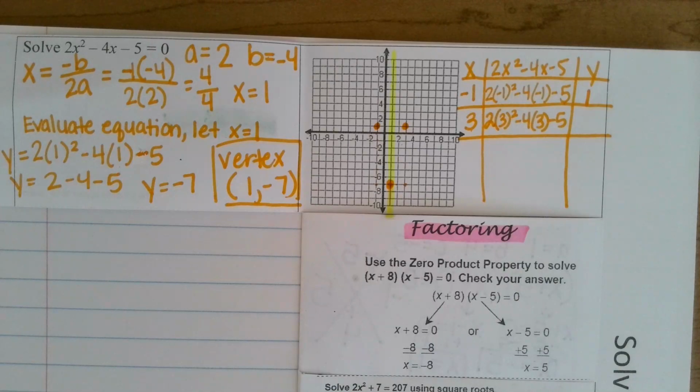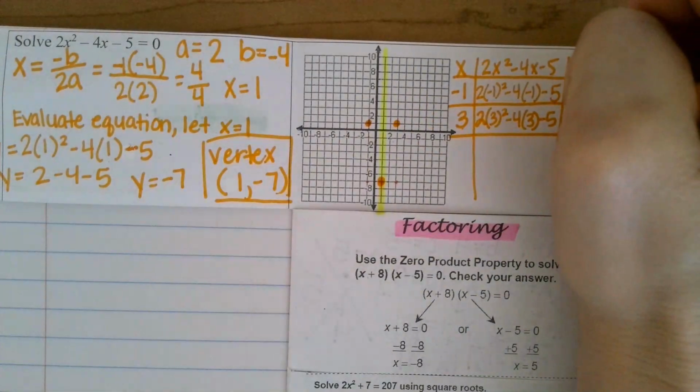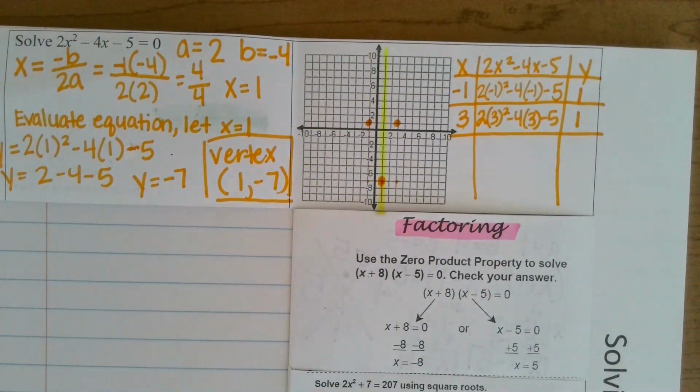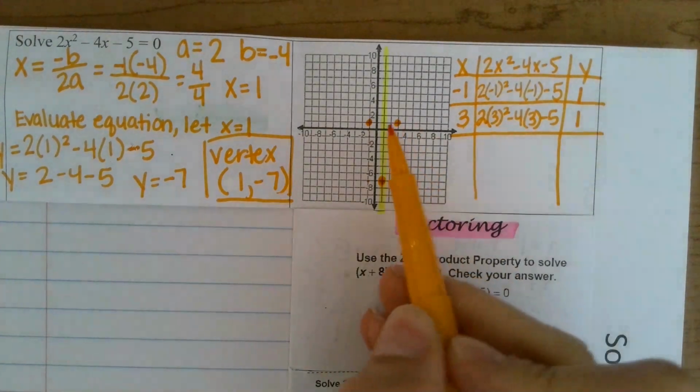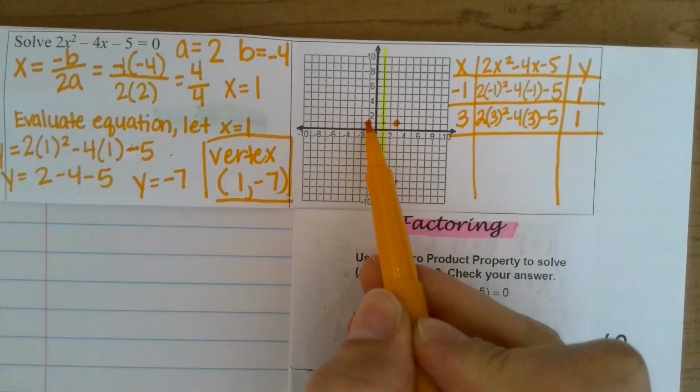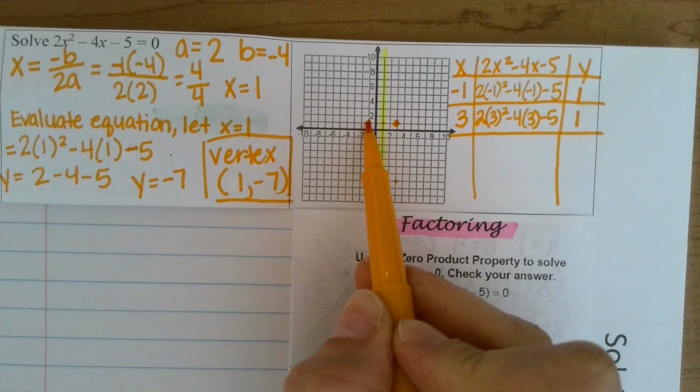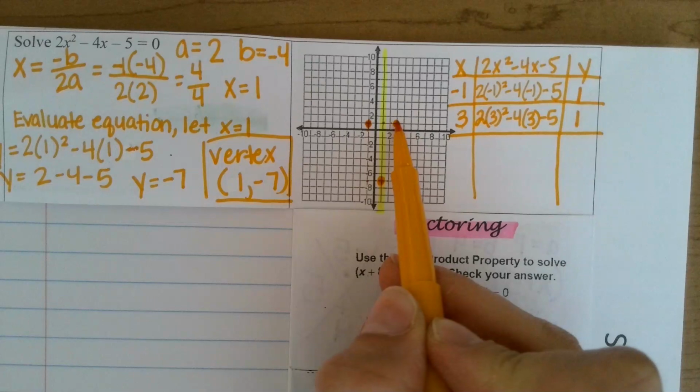What'd you get for that one? Yep, so again, it's a mirror image on both sides. So once you find one point, if you count the same distance, like if you notice this axis of symmetry, if I go left 2, that's where the -1, 1 is, and then if I go right 2, that's where the 3, 1 is.